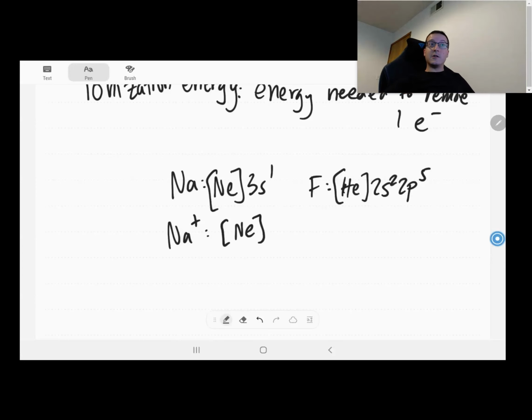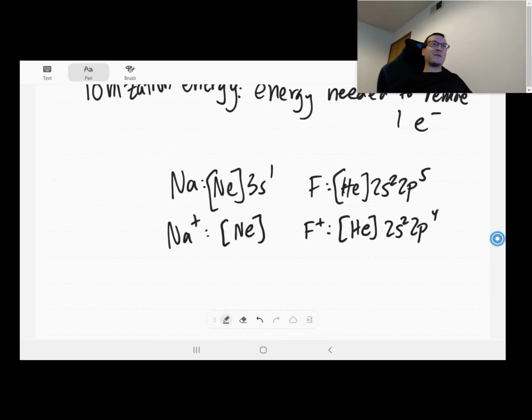So, sodium, if it loses one electron, is a noble gas now, in terms of its electron configuration. If fluorine loses one, it's even further away from being a noble gas. Remember, fluorine was so close, if it just got one more electron, it would become a noble gas, but it's going to have to lose 7 of them overall to go the other direction.